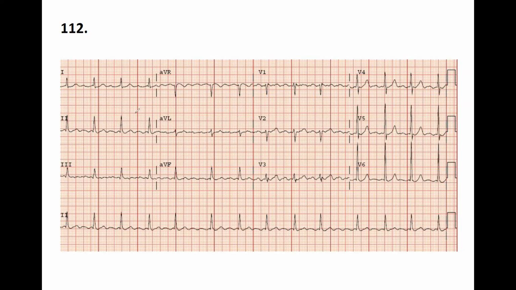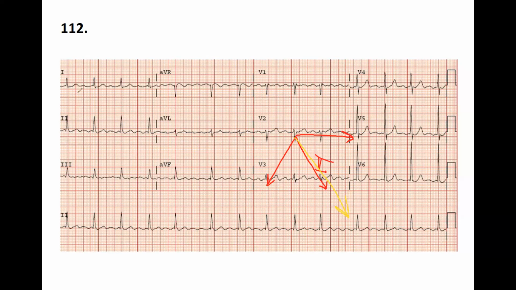80 degrees. Well, I would say not 80 degrees, because let's look at lead number 1, lead number 3, and this is lead number 2. You said lead number 2 is the biggest one, so it should be close to 60, yes?